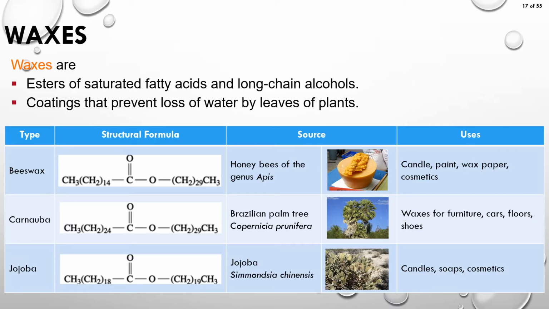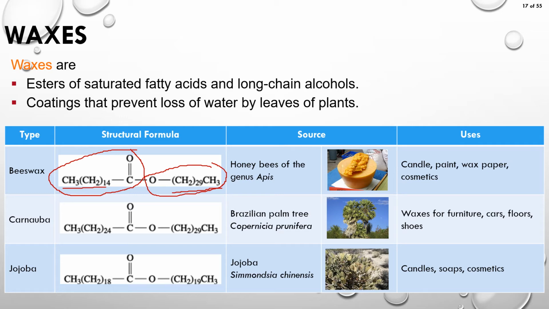Waxes are esters of saturated fatty acids and long-chain alcohols. So they are nonpolar. These are saturated, so all of these are single bonds. Since it's an ester, this part comes from the carboxylic acid, and this part comes from the OH.